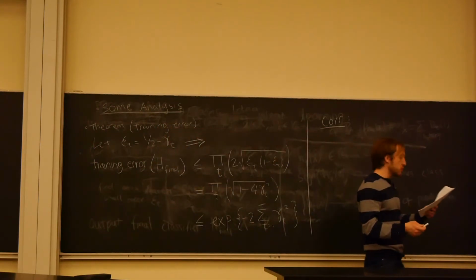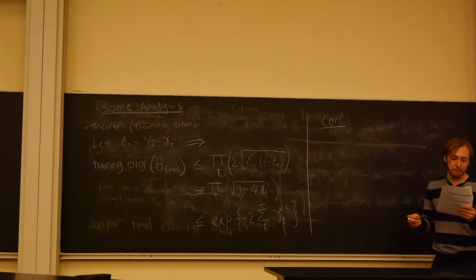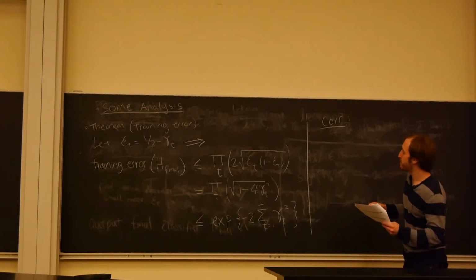Let's assume that for all t, we've got a term gamma that is less than this gamma sub t here.